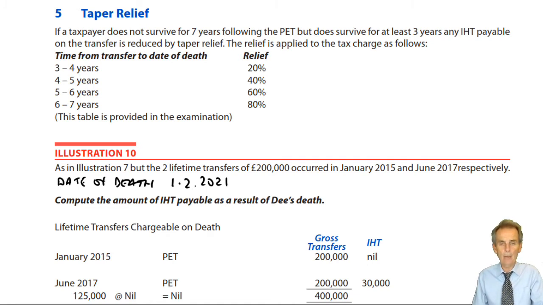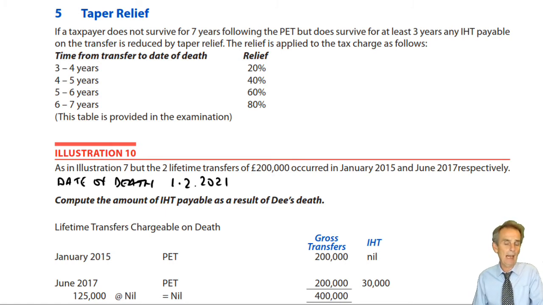All we know about them is that they would be both, as the name implies, chargeable when made, i.e. in lifetime, and if you died within 7 years of having made such a CLT, then possibly there may be additional tax to pay in relation to that CLT.